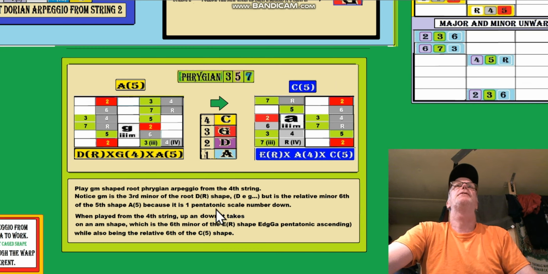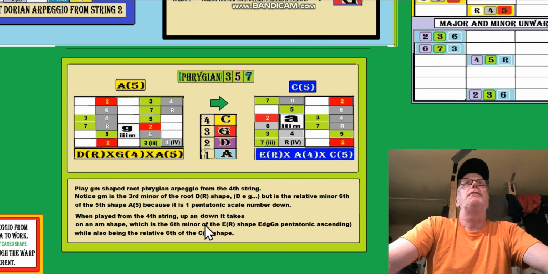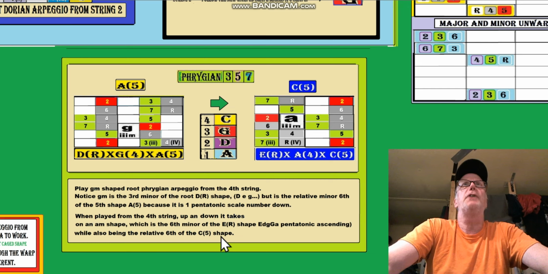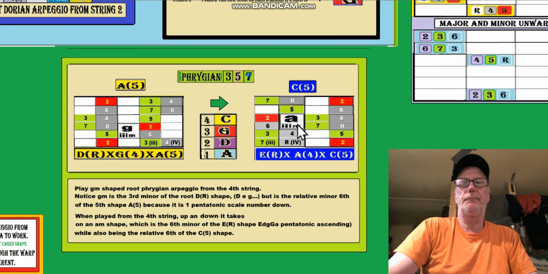over here in this stuff here that I was saying. Pentatonic ascending while also being the relative 6th of the C shape, which is 1 pentatonic scale number down. Okay, so the A minor is the relative 3rd. We said it was the D minor shaped or something. That wasn't quite right.